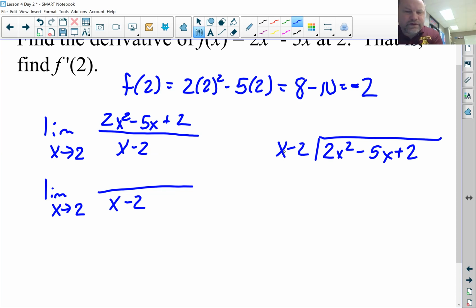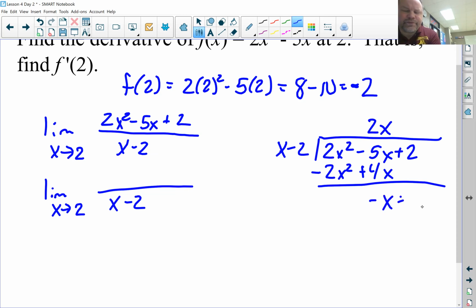So what do I multiply x by to get 2x squared? Well, that would be 2x. So it would give me 2x squared minus 4x. And I would get minus x plus 2. What do I multiply x by to get minus x? Well, that would be minus 1. Subtract, and I get 0, which is what I want.